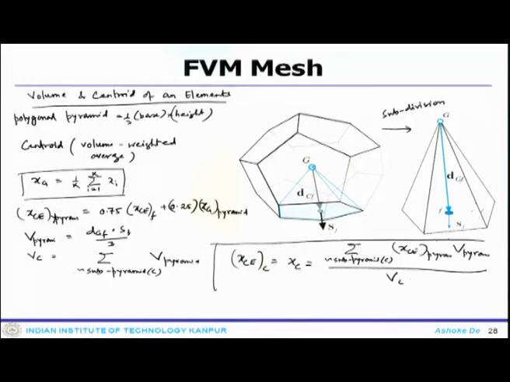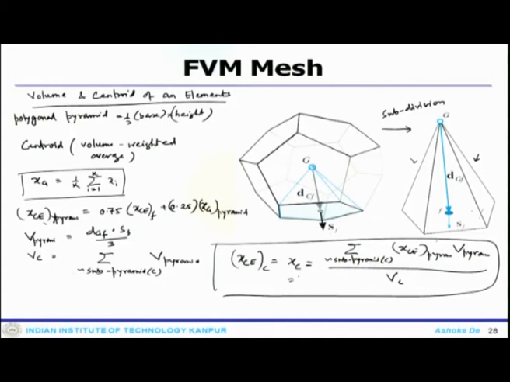So, it is a volume weighted average. That means if I have multiple sub pyramids, I get the volume of each pyramid, I get the centroid of each, and then the volume weighted average gives the centroid of the polyhedron.